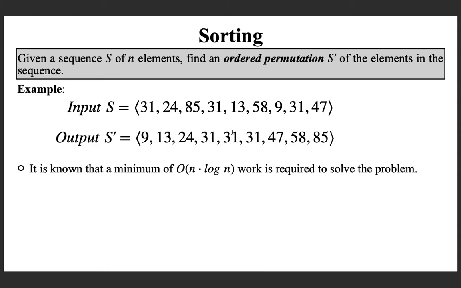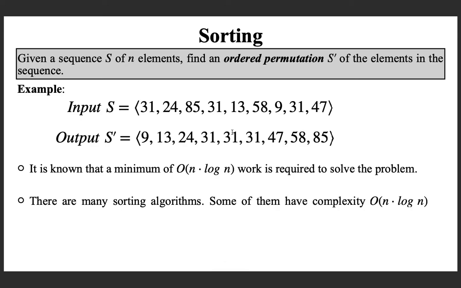It is known that a minimum of order n log n work is required to solve the sorting problem. It is mathematically established that any correct algorithm needs order n log n work to be done. And there are many sorting algorithms.